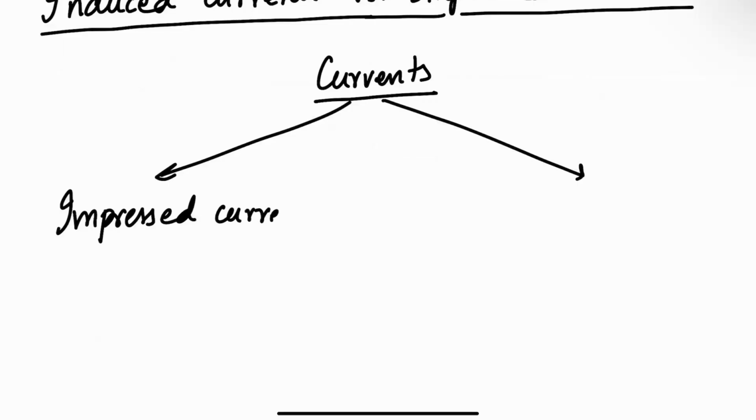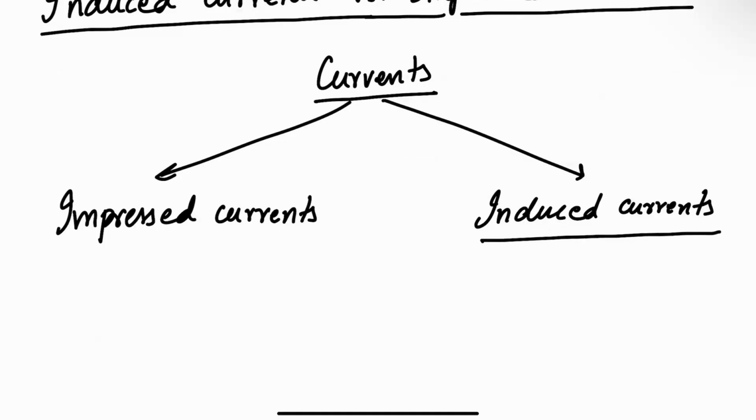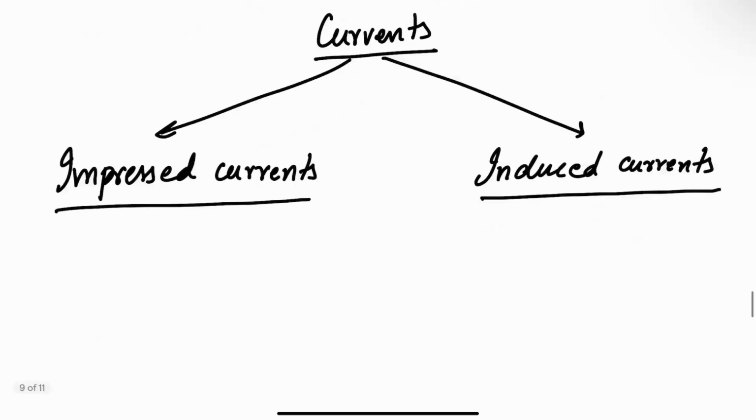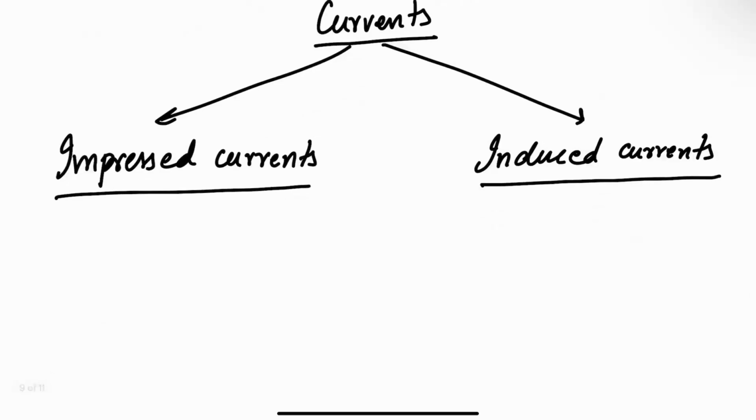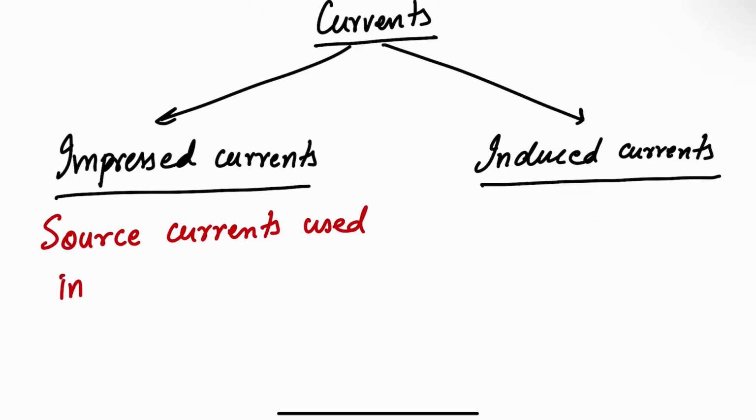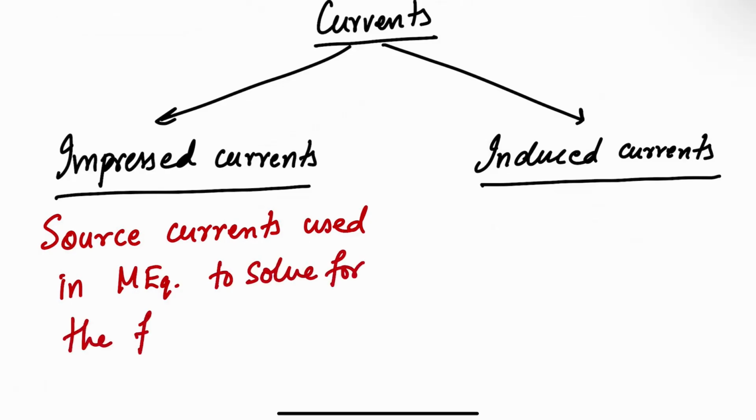So impressed currents or induced currents. Okay, so what's the difference? So impressed currents are source currents used in Maxwell's equations to solve for the fields in a given problem.